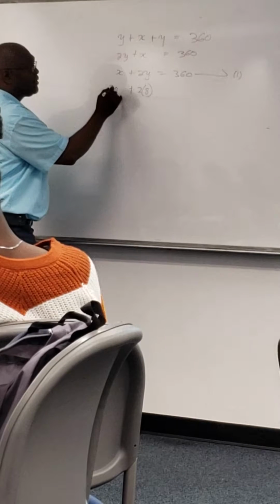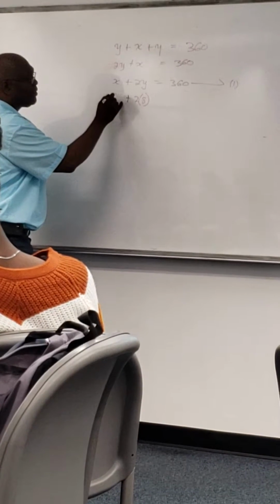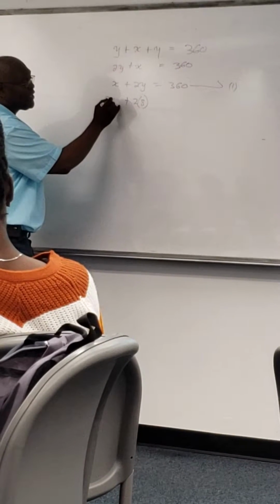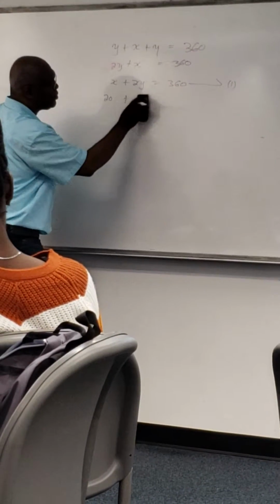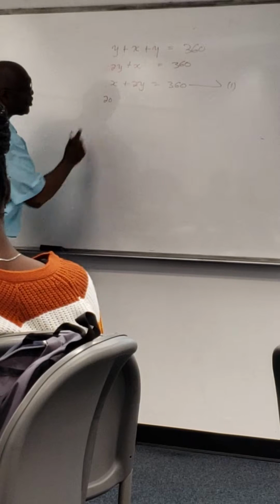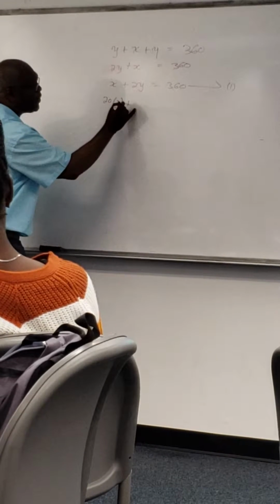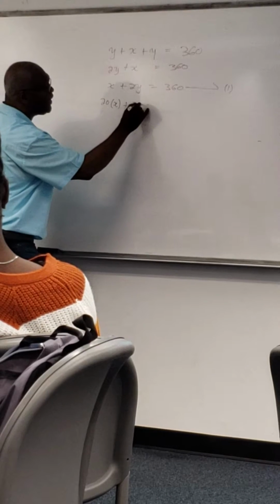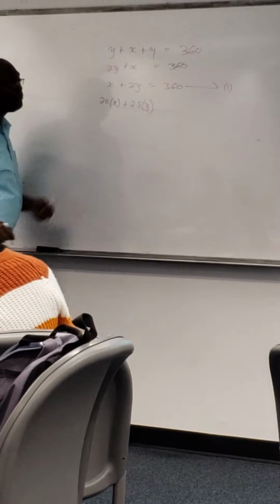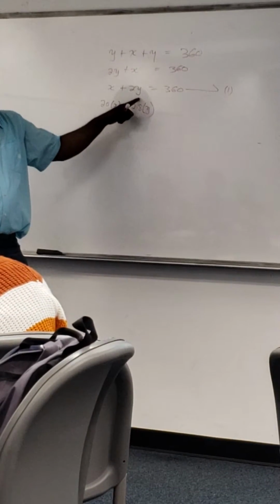$20 per foot, so it's 20x plus 2 times 8 times y, 2y, right?